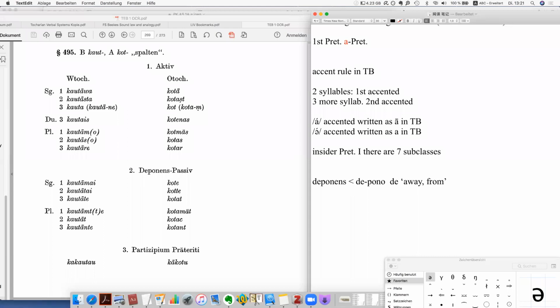And what is missing? The active is missing. So it is actually a middle. The meaning is middle or passive. Middle and passive have the same form in Tocharian, so it's actually kind of middle passive. This is nothing special.